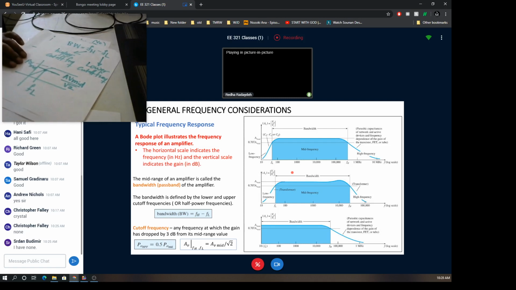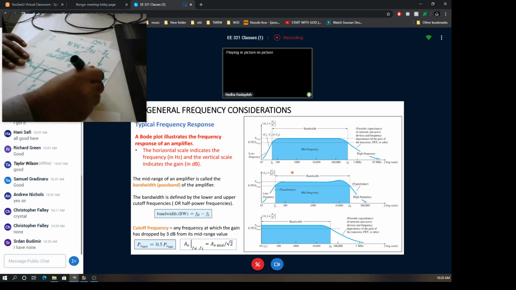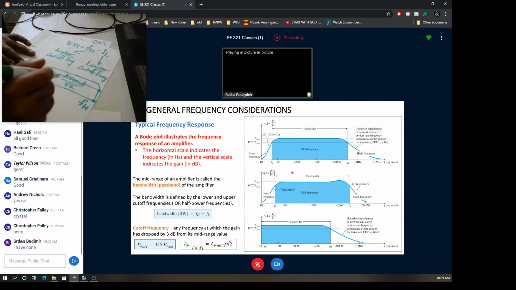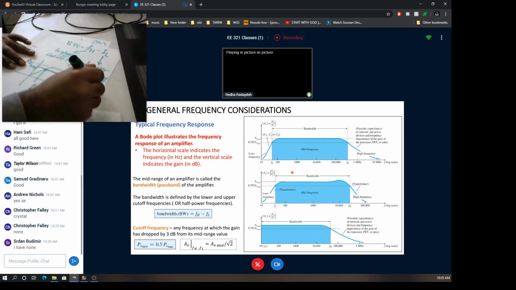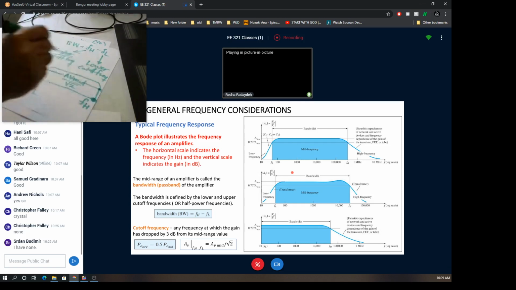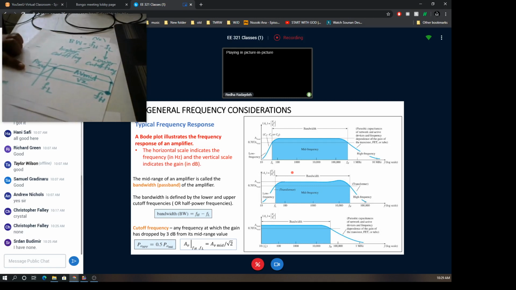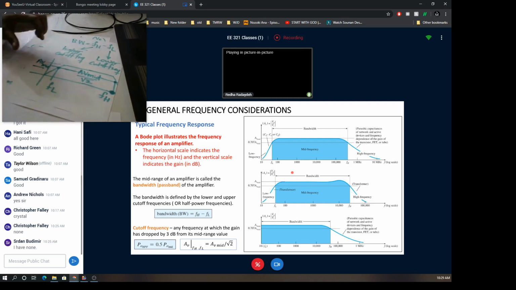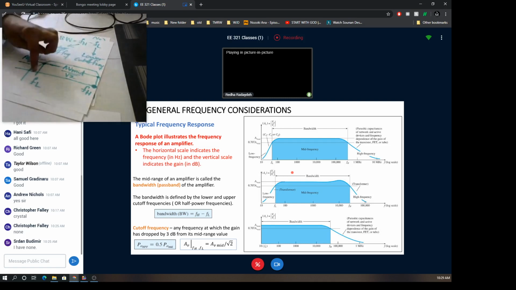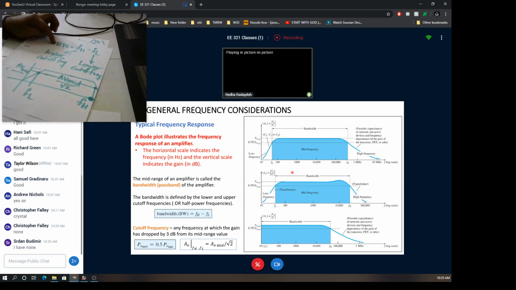And same thing, we define the higher cutoff frequency FH to be the frequency at which the gain is the maximum gain AV at midband divided by square root of 2. So this is how we get these frequencies. If we know these two cutoff frequencies, we can get the bandwidth of the amplifier.